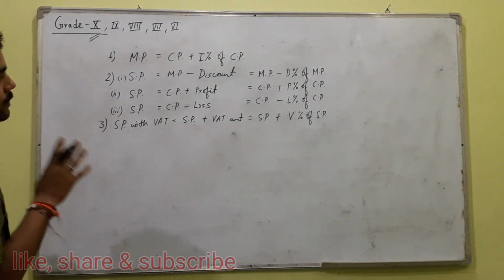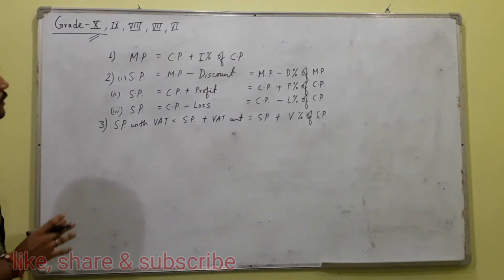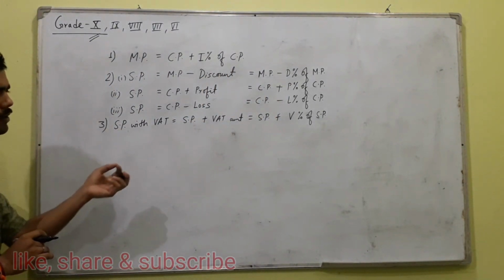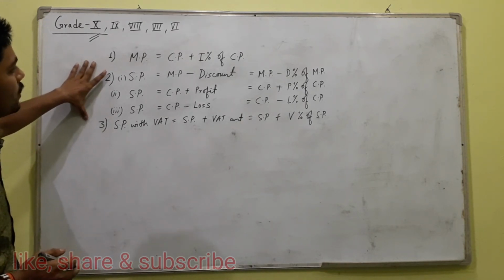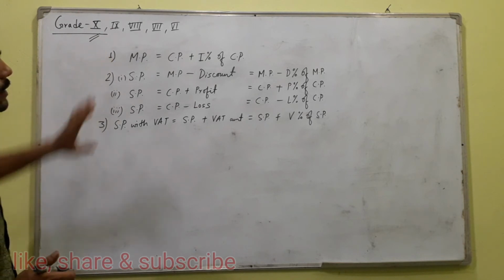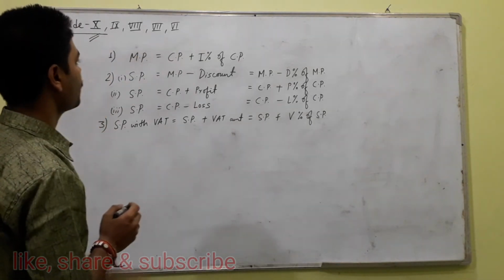This much is the only formula needed to solve in class 10. There are some extra one or two formulas, but mostly only this much is enough to solve all the questions given in grade 10 and in other classes also.